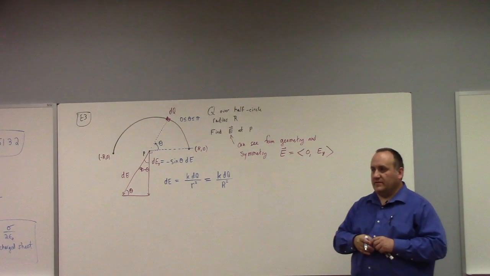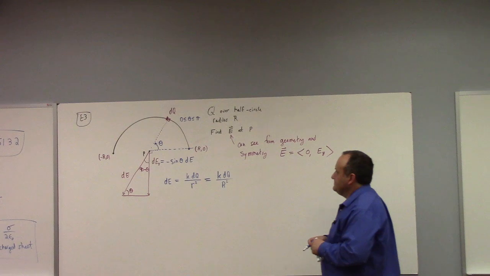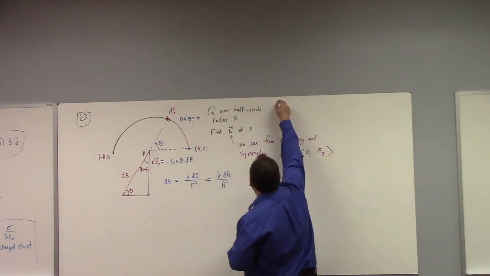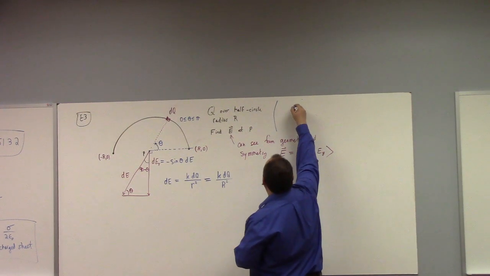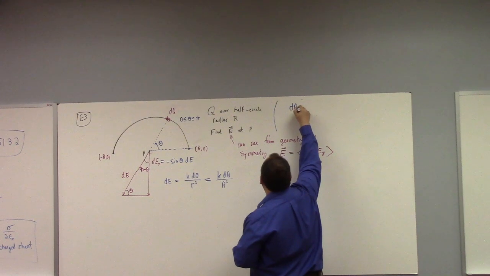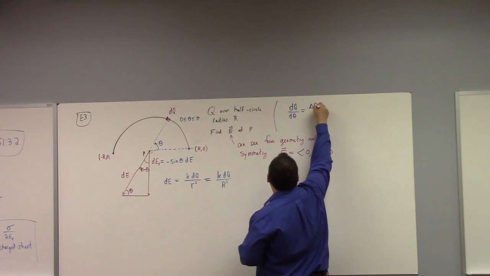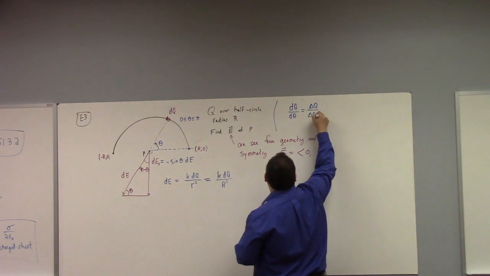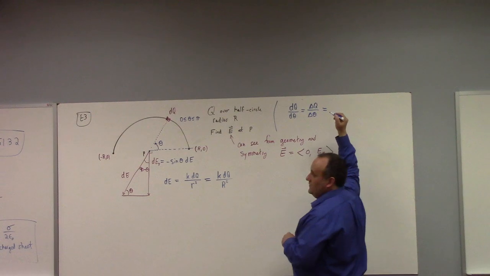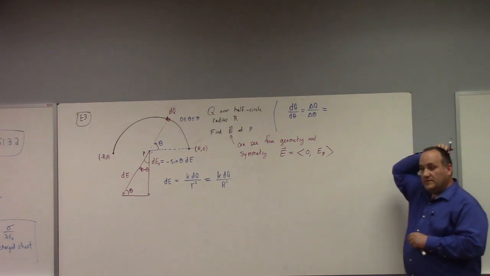And how does dq relate to d theta? Let's think about this. We have dq over d theta equals the net change in q over the net change in theta, assuming it's uniform. So let's compare the total to the infinitesimal.